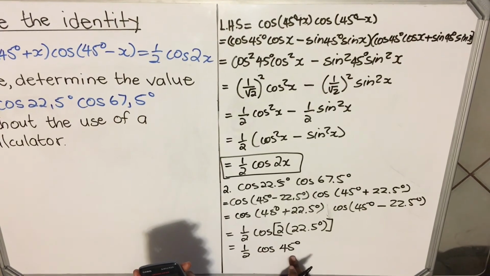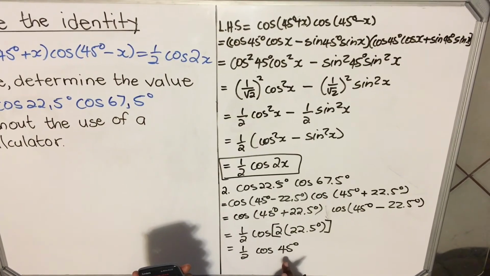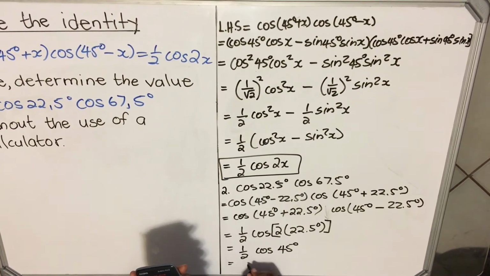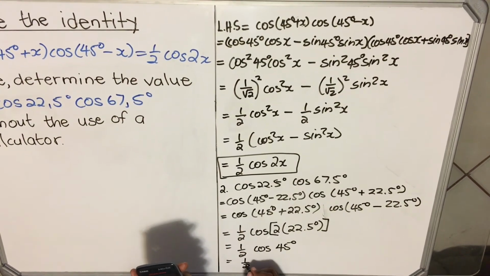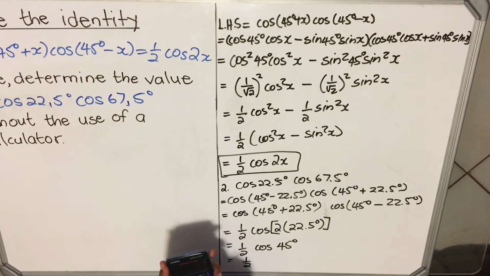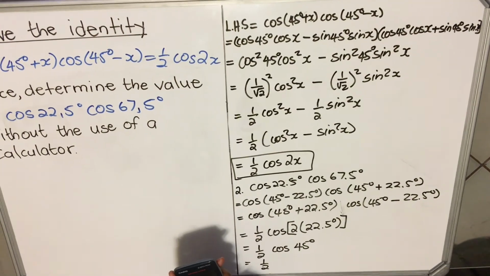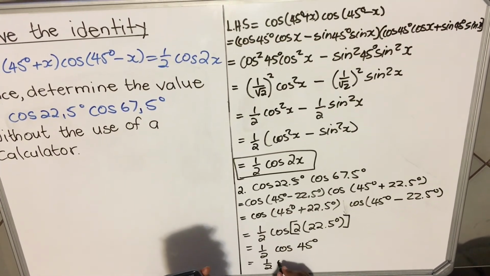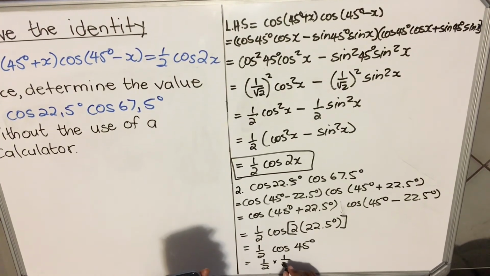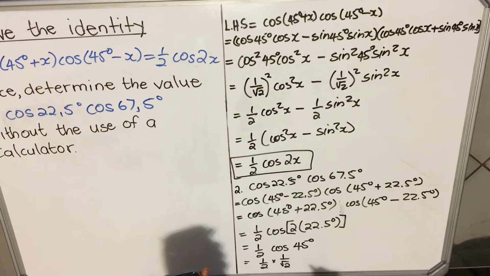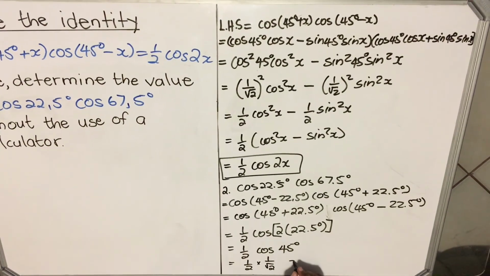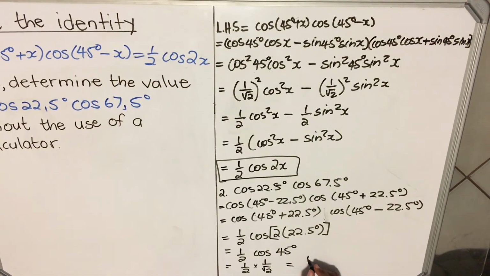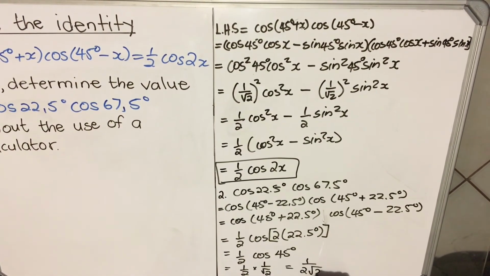Now you have a special angle. What is cos 45? You remember with the other question we said cos 45 is the same as 1 over root 2. Then our final answer is 1 over 2 root 2.